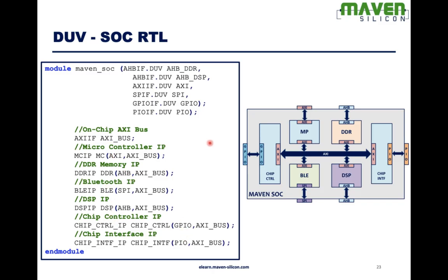Now the important point is, if you don't have a concept like interface, every port will have hundreds of signals. Think of it: AHB 100 signals, AXI 100 signals, SPI 100 signals. At the top level module, you may have to make thousands of connections, and that's going to be error prone.